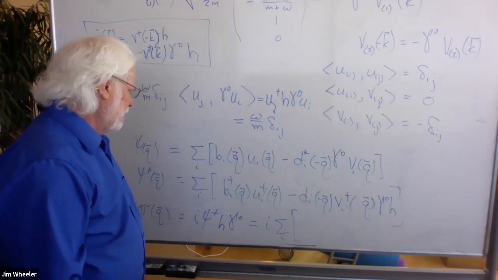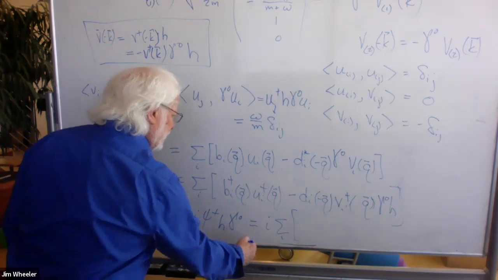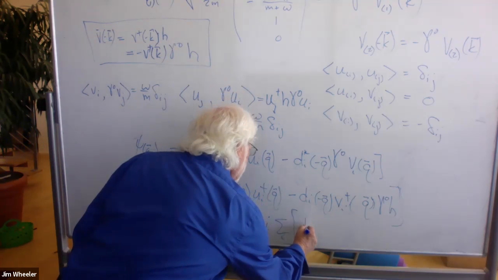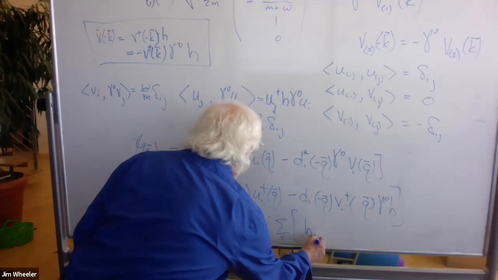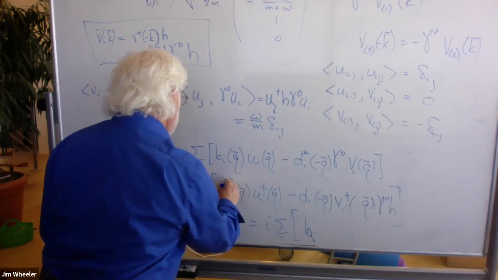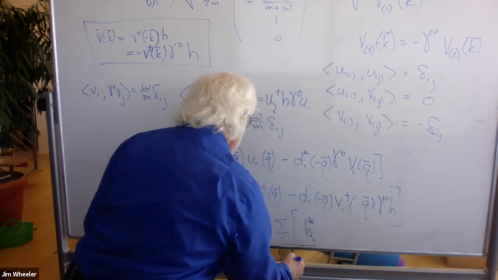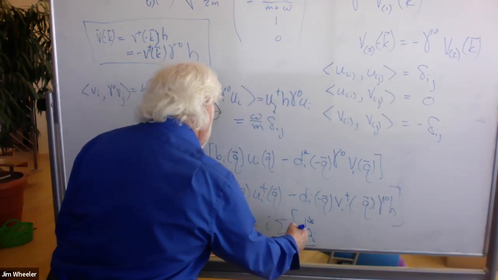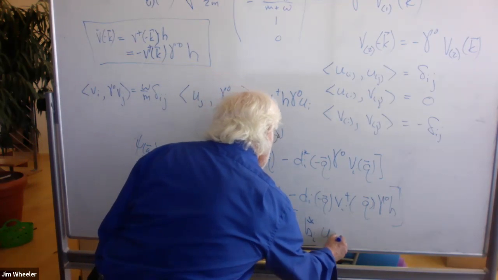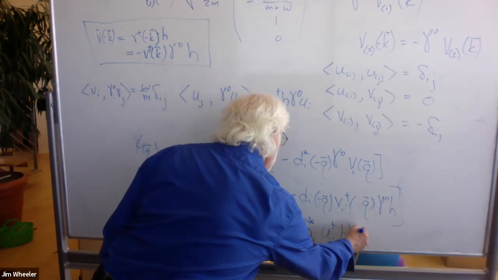So we need an H gamma 0 on the psi dagger equation. So I've got the I here. So we're going to have B I conjugate, and then U I dagger with an H gamma 0.